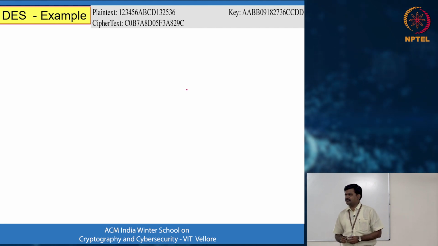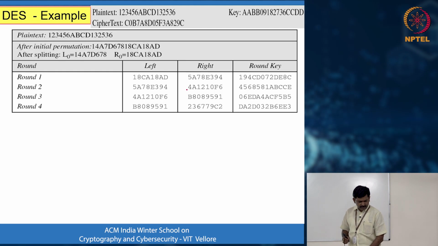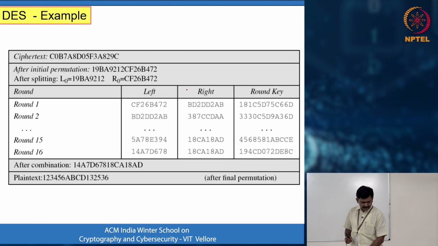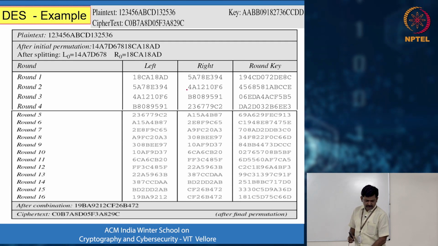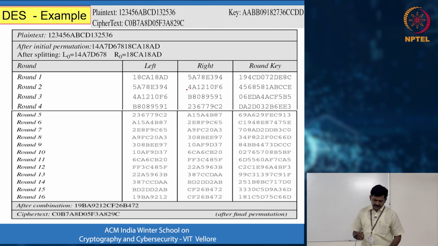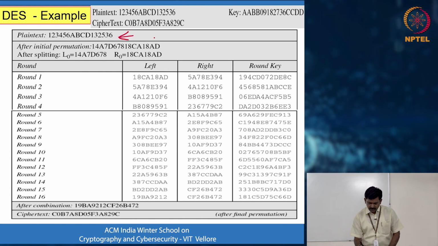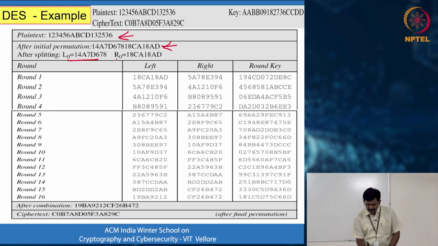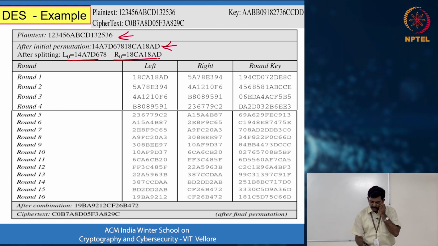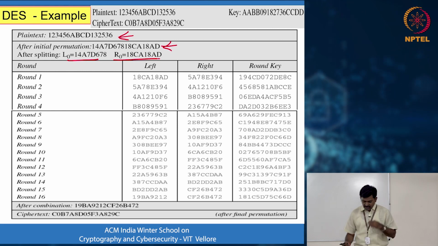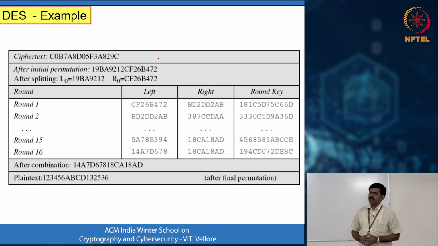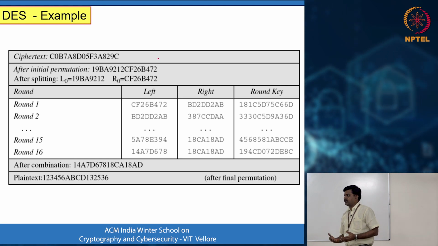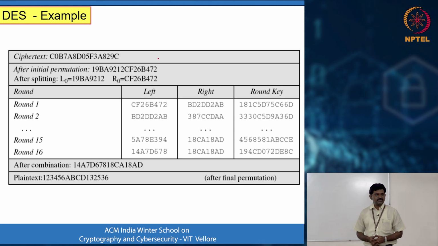There are so many examples which you can try online. If you notice, there is a plaintext given. Once you do the initial permutation, what happens? Then picking the left half and right half, then round 1, round 2, so on, with the round keys. It appears, after our discussion, that DES is a very complex process.